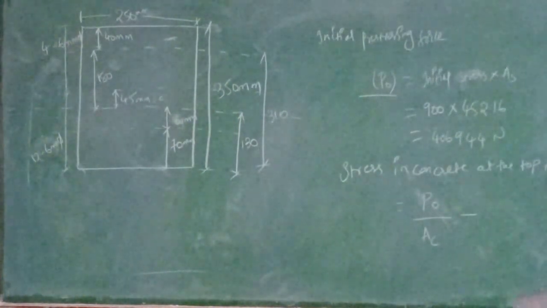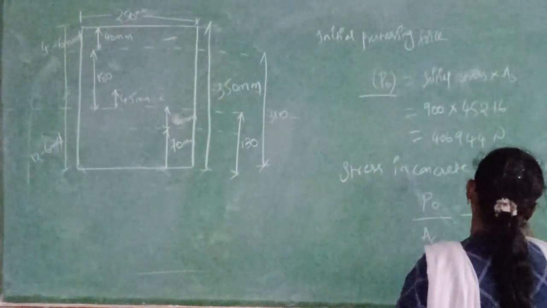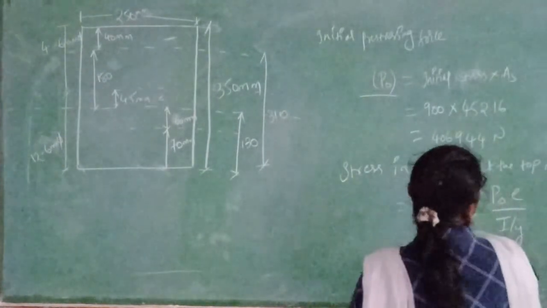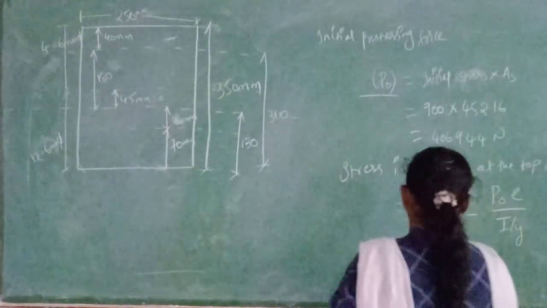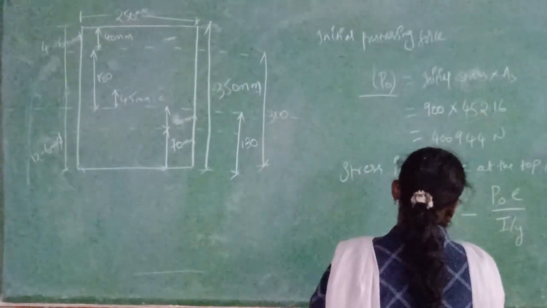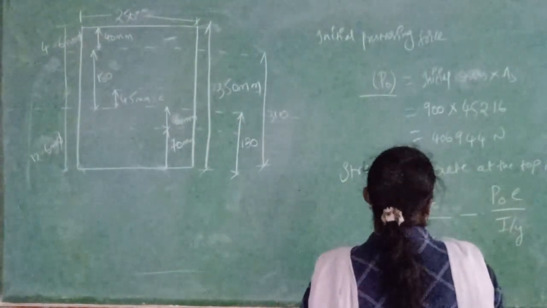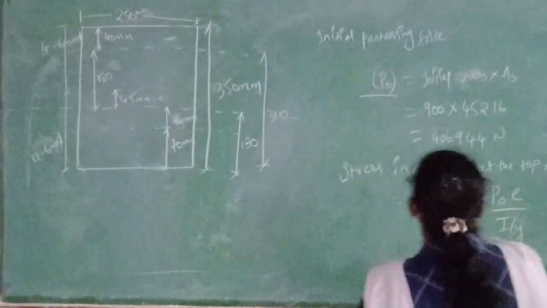So what is the P naught value you have got? 406,944 by the area of the concrete.